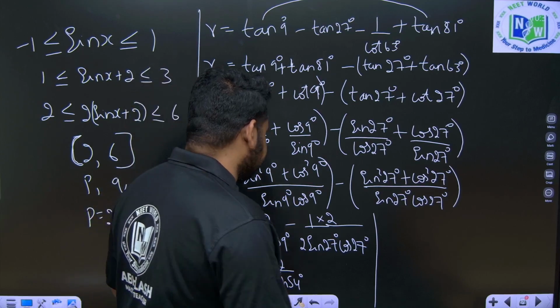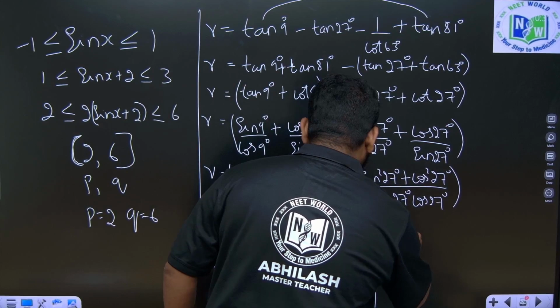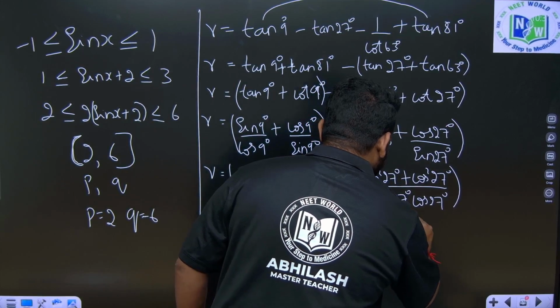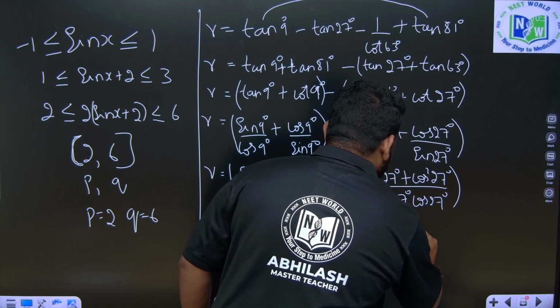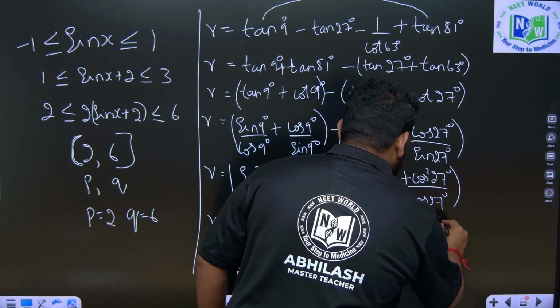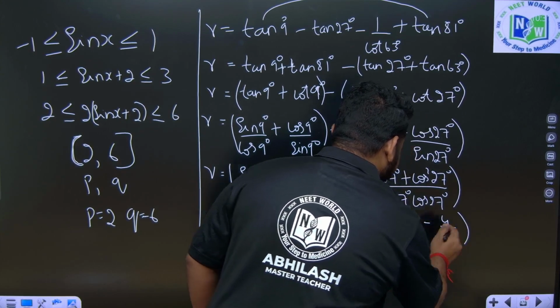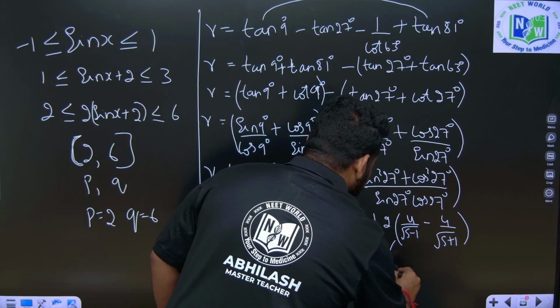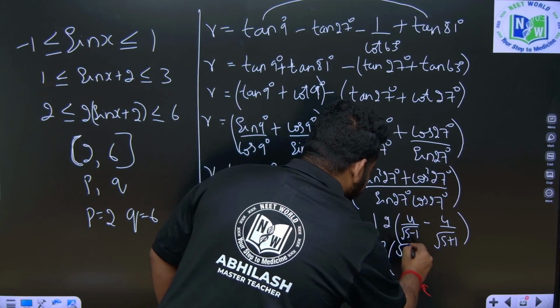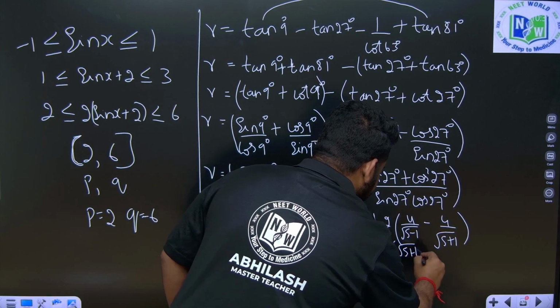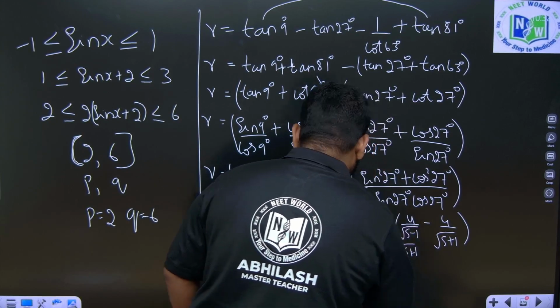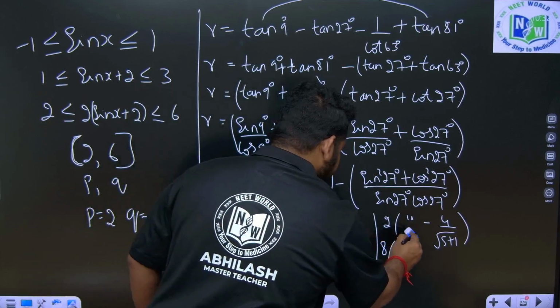If I take 2 outside, I will get 2 into 4 will come up. This will be root 5 minus 1 by 4 minus 4 by root 5 plus 1 by 4. If I take 4 outside, this will be 8 into, taking the LCM, root 5 plus 1, this is not root of 5 whole, this is just root 5, minus 1.